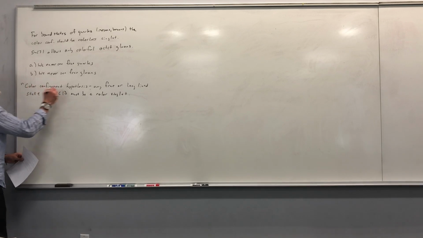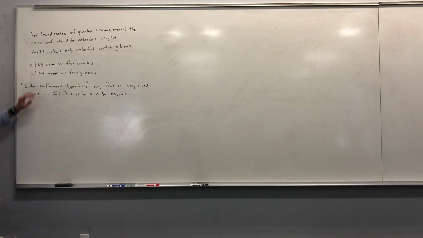This immediately implies both of these. Because if anything that you can see as an existing particle or an existing thing must be a color singlet, you can't see an individual quark.